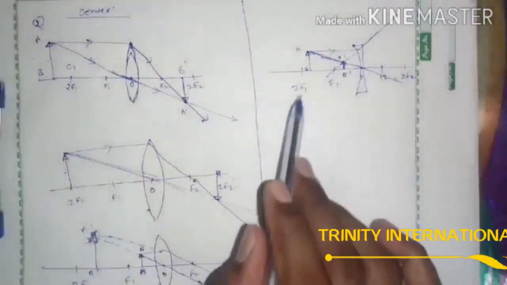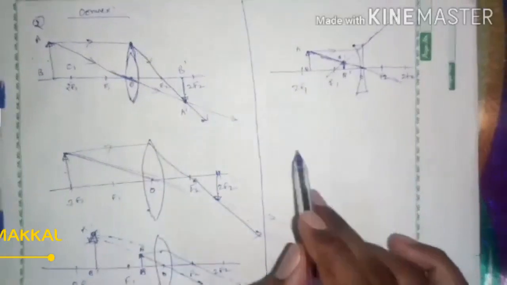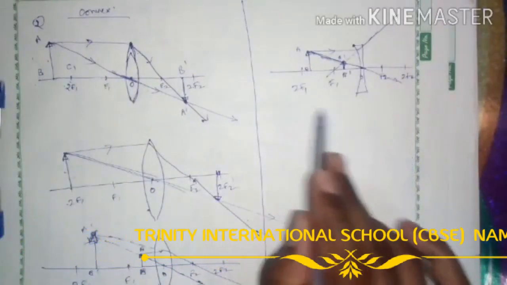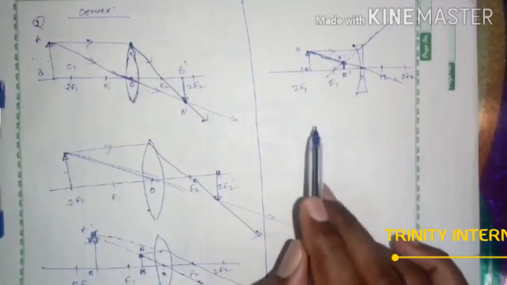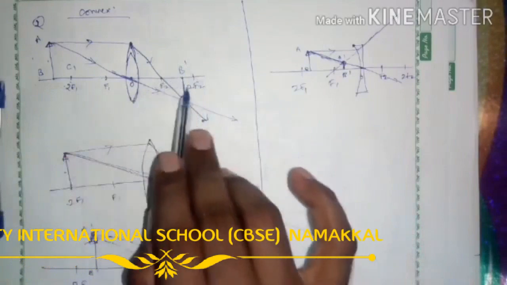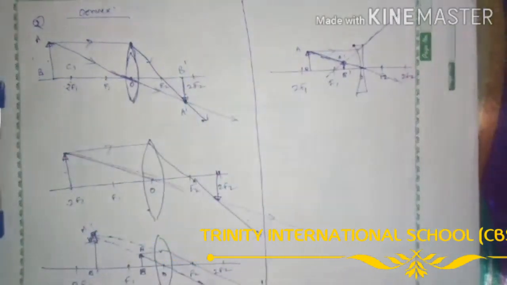Remember the tabular columns: where the object is placed and where the image will be formed. This is all we should know. If you remember those things, you can draw the ray diagrams and obtain neat diagrams. So thank you.